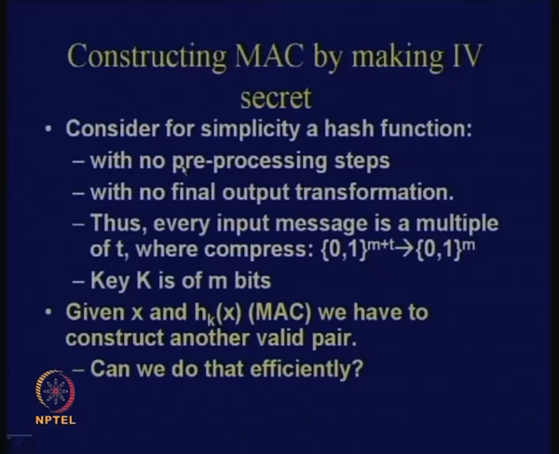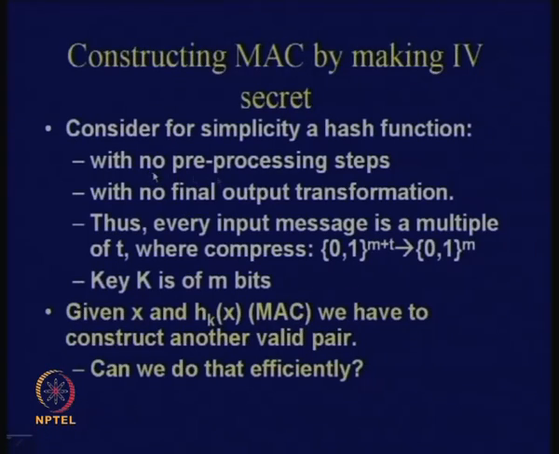So we will again revise this. Consider, for simplicity, a hash function which has no pre-processing step. You know what a pre-processing step is: given x, I make a y so that it is a multiple of a fixed integer, a pre-decided block size.